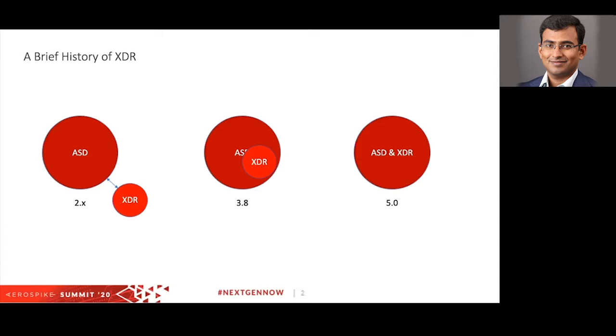So imagine situations where the XDR process is down, but the ASD process is up and running. And because these two separate processes are communicating over a pipe or a TCP connection, there are performance implications because of that also. So what we did in 3.8 is we completely brought XDR into Aerospike.